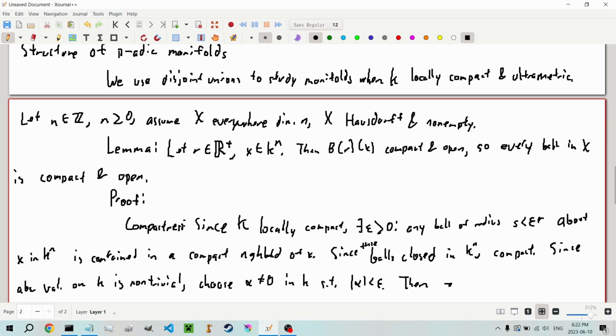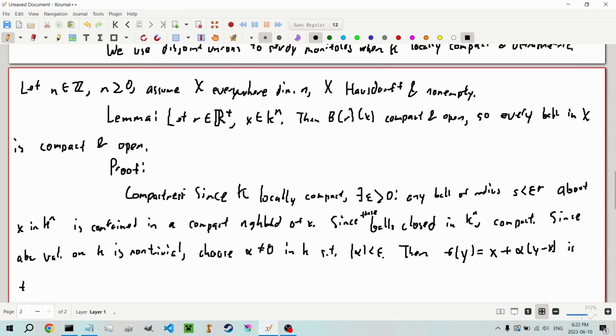And then the transformation f of y equal to x plus alpha times y minus x is a topological isomorphism of the ball of radius r about x onto the ball whose radius is scaled by alpha and is still around x, of course. So B of r of x is compact.